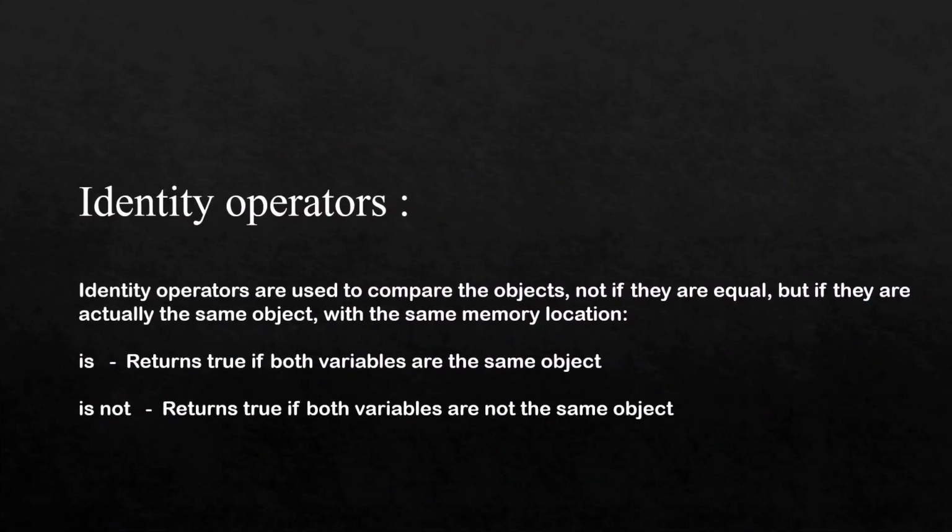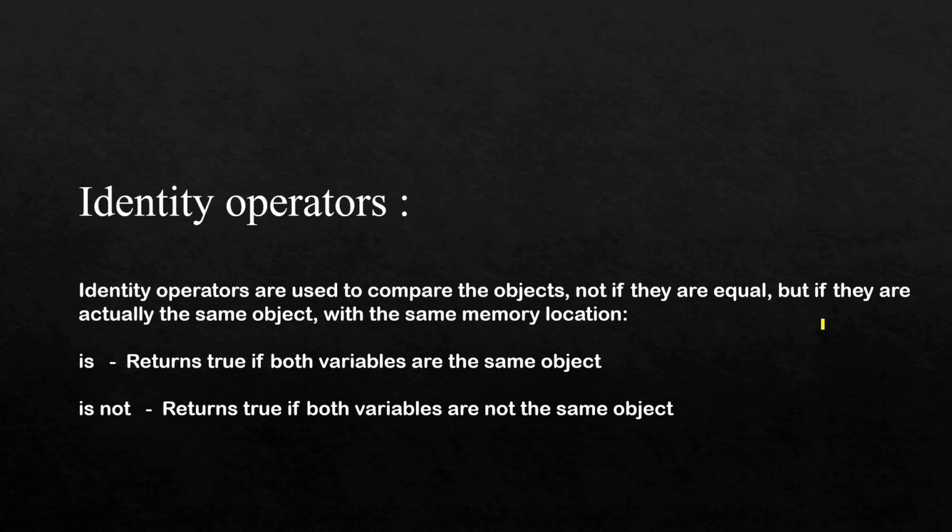Now coming to the identity operator. The identity operator is used to compare objects, to check whether the objects are actually the same object or not. It is different from the double equals operator, the checking operator.